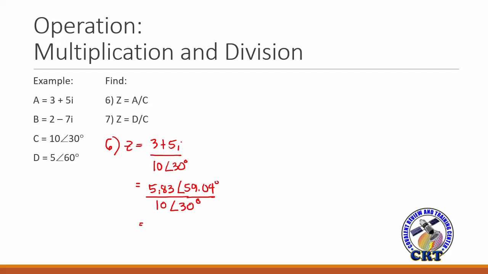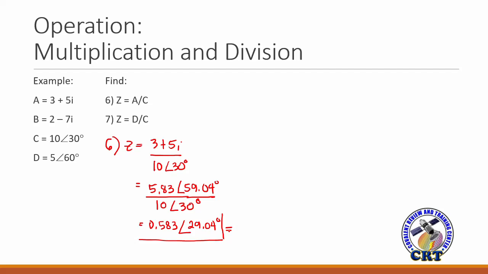So divide 5.83 over 10. This is 0.583. For the angle, 59.04 minus 30. So we have 29.04 degrees. So this is our answer for number 6 in polar form. So let us convert this to rectangular form.